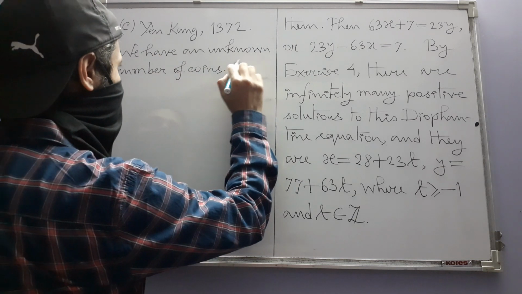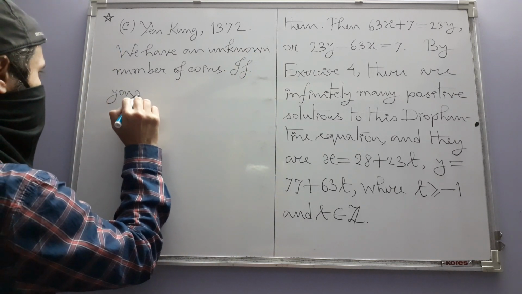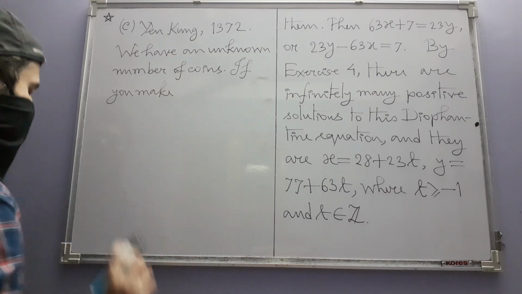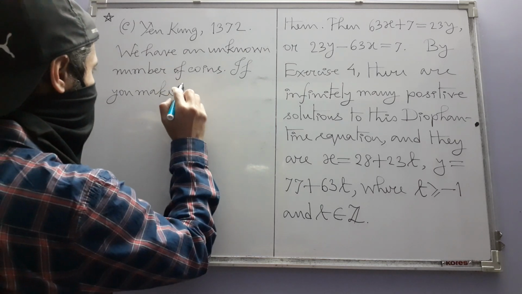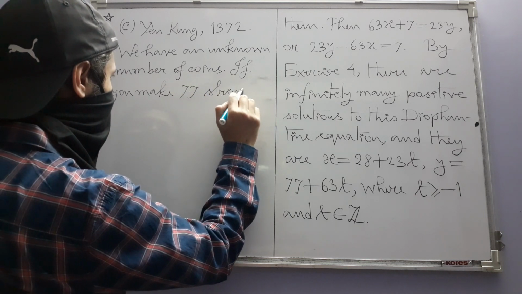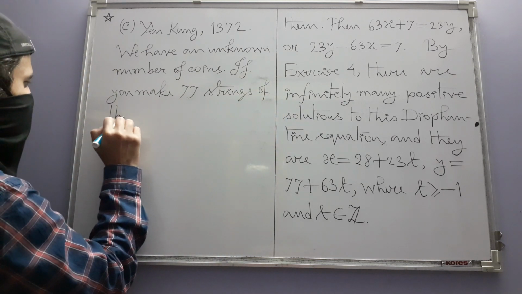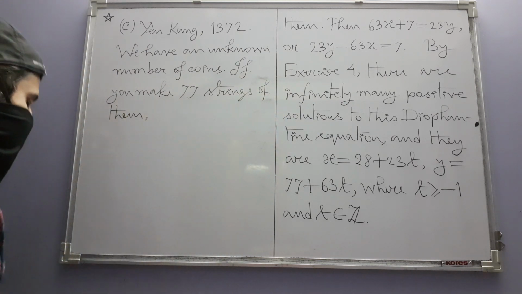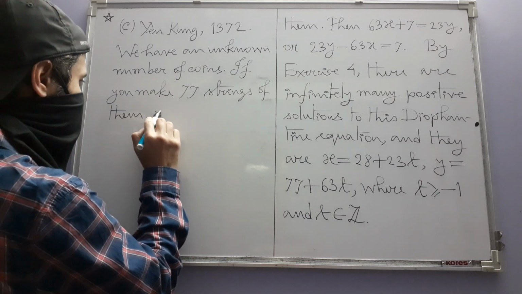If you make 77 strings of them, you are 50 coins short.